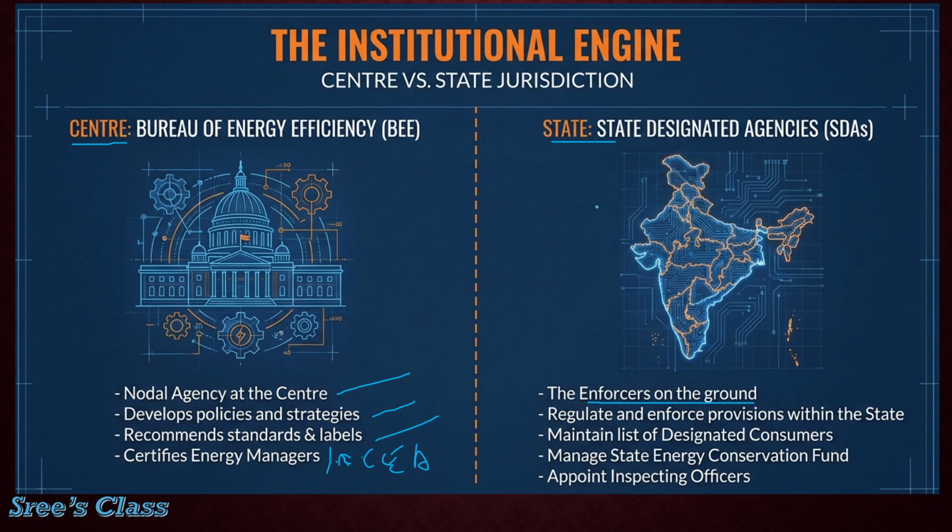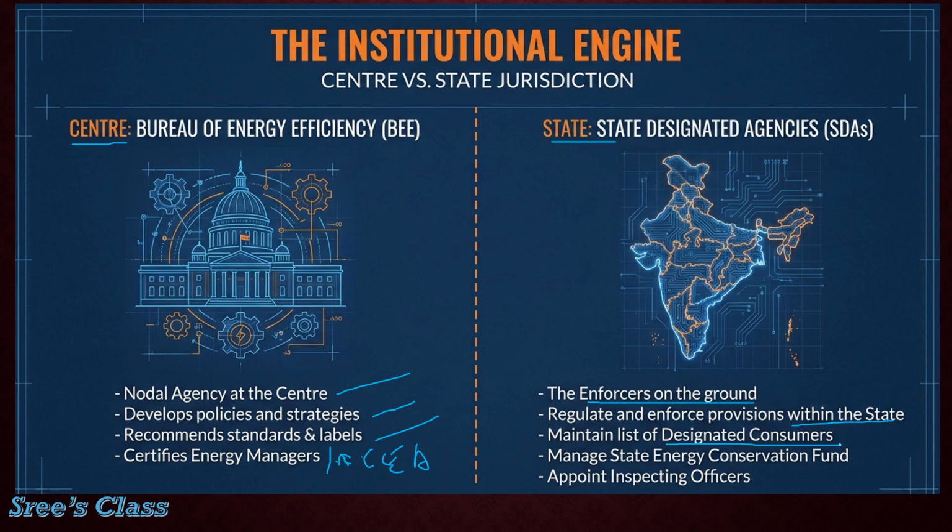For that, the authority is given to some agencies in the state. So these are the state designated agencies. They regulate and enforce provisions within the state, and maintain the list of designated consumers.